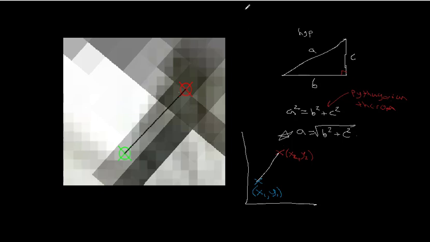So the magic happens when we think about what happens if we draw a horizontal line. I'm going to do this in purple.